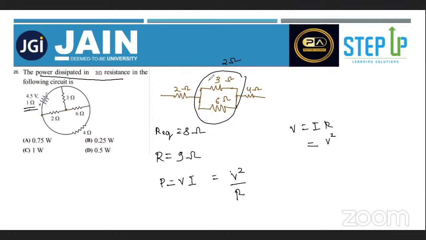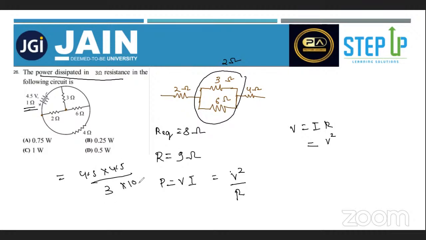They're asking me power, right? Then I don't need R equivalent in that case. V square by R should give my answer. Resistance is 3 ohm.